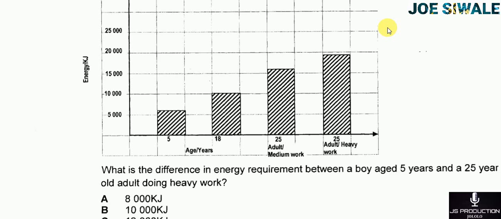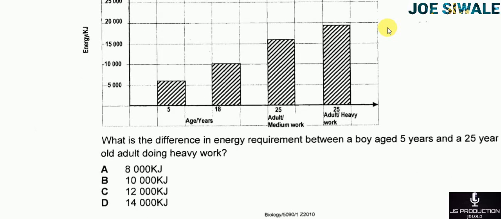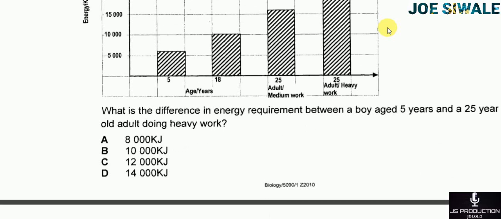That's below 20,000, and I can get that as 19,000 if I do approximate that figure. So 19,000 minus 6,000, I'm having 13,000 kilojoules.